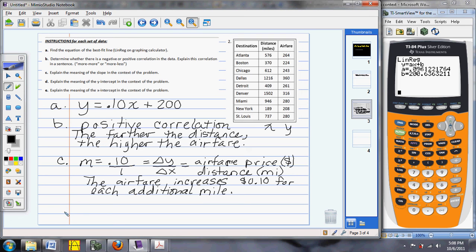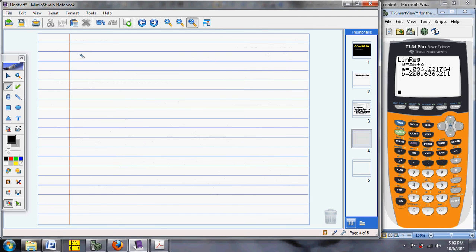The next is going to be D, explain the meaning of the y-intercept. I'm going to go to a new slide here so that you can see the y-intercept. Before we do that, I want to remind you that the y-intercept is 200. According to the equation, the y-intercept is 200. Now what does that mean?